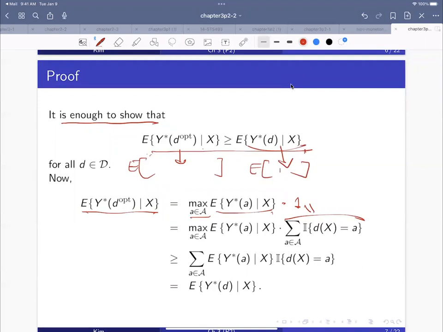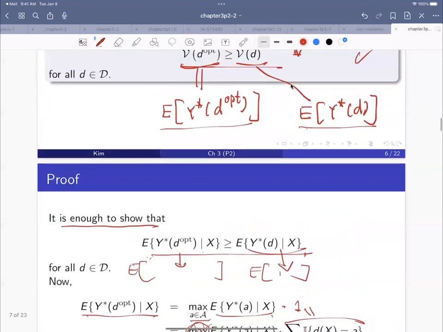And because this is a maximum, if you remove the maximum, you will get an inequality here. Then if you remove the maximum, it can go inside, and you get this one. That basically proves this result.